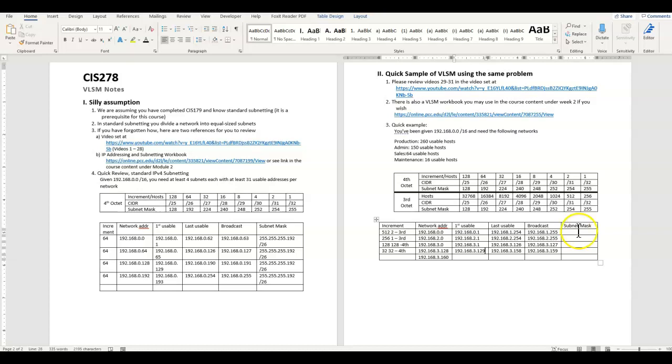Now all we need is our subnet masks. Well, very simply, we took a 512, so the subnet mask is right here, 254 in the third octet. 255, 255, 254 in the third octet, and 0. For this one, now remember the subnet mask changes for each of these because these are different sizes. So for the 256, that is a 255 in the third octet.